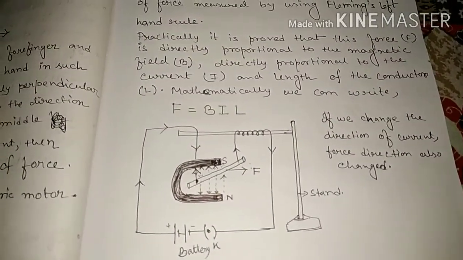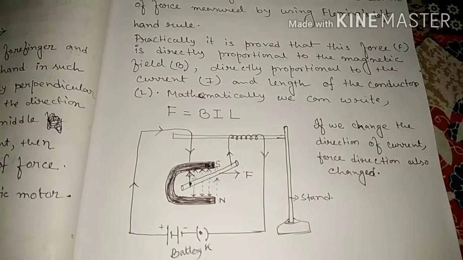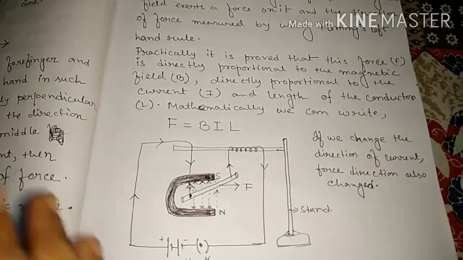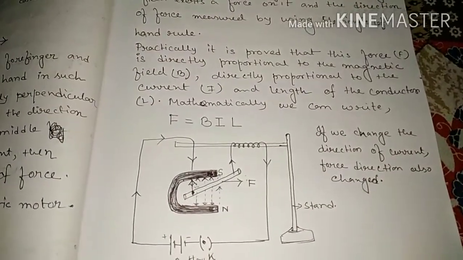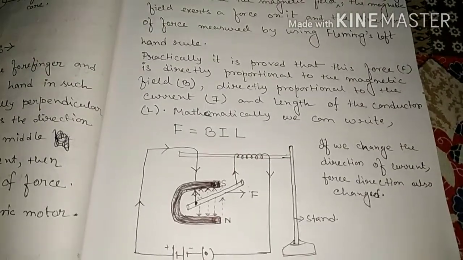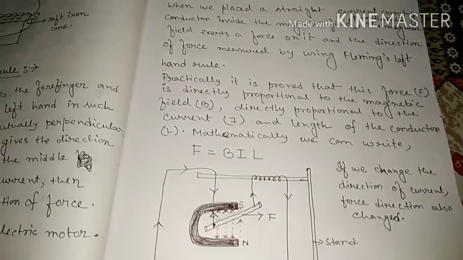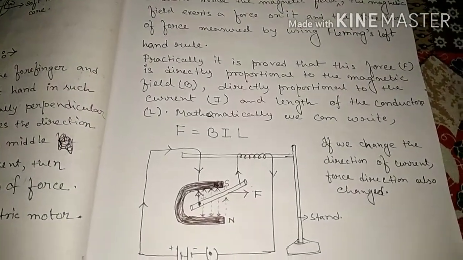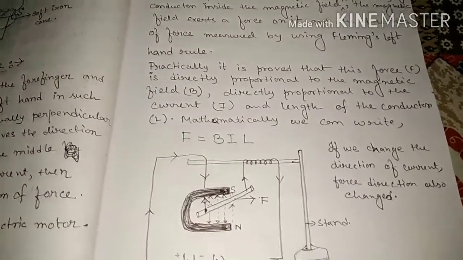By applying Fleming's left hand rule, we can easily find out in which direction the force will be exerted. It also proves that if we change the polarity of the battery, or the direction of the current, the direction of force also changes, which we also find using Fleming's left hand rule.